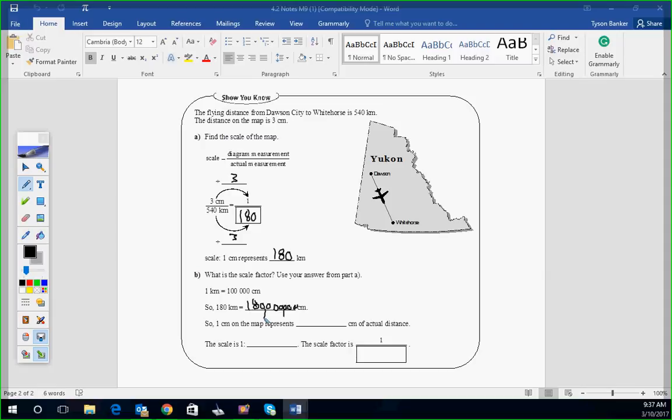So if 1 kilometer is 100,000 centimeters, 180 kilometers is 180 million. Oh, I got one extra zero. Are you guys sure it's 18? So 1 kilometer is 100,000.